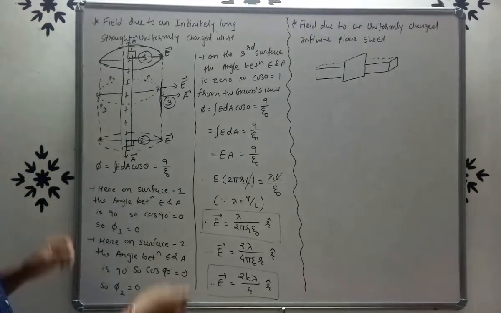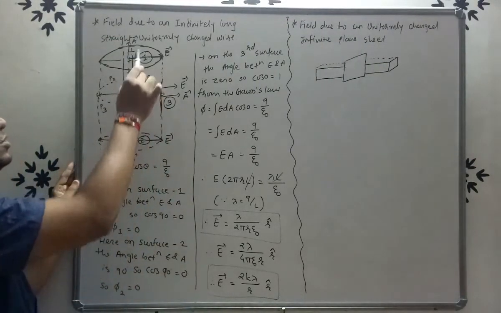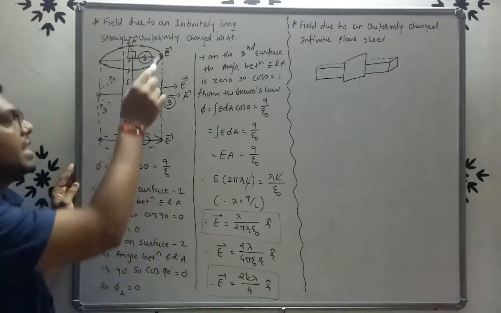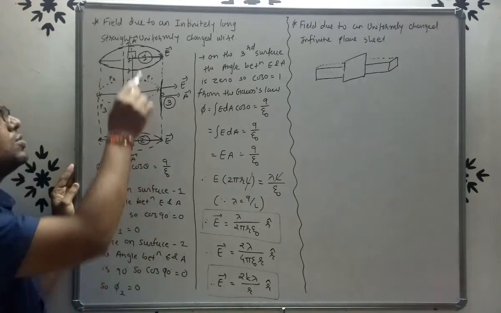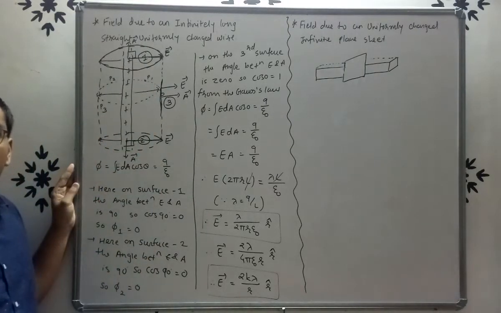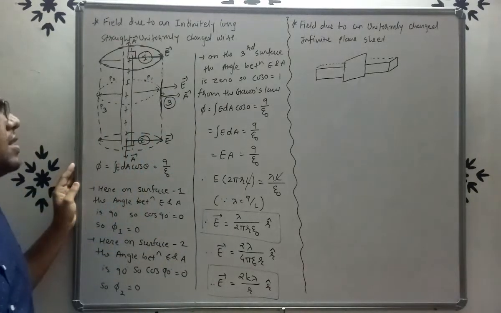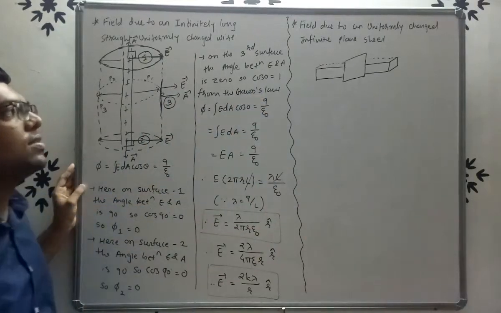So for surface 1 and surface 2, or we can say these two end surfaces, the angle between E and A is 90. So cos 90 is 0. So the flux on these two end surfaces is 0. Now the flux on surface number 3: the angle between E and A is 0, so cos 0 is equal to 1.